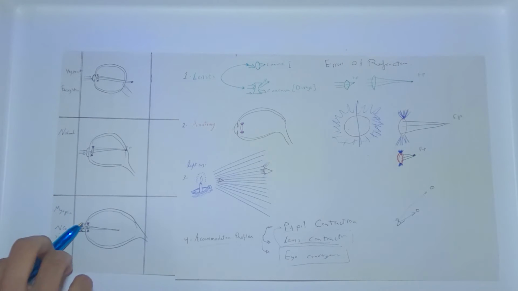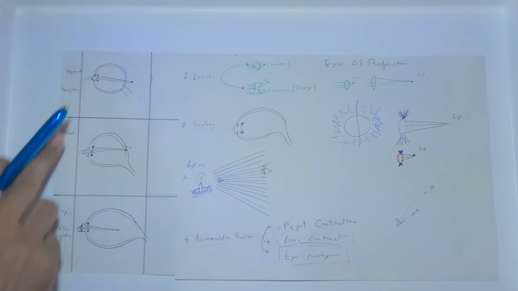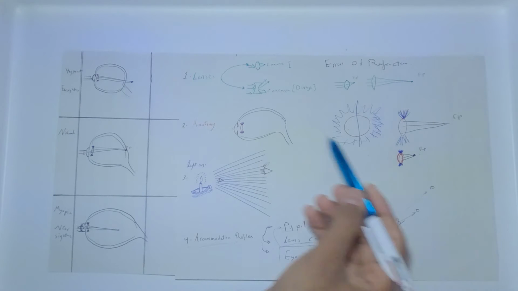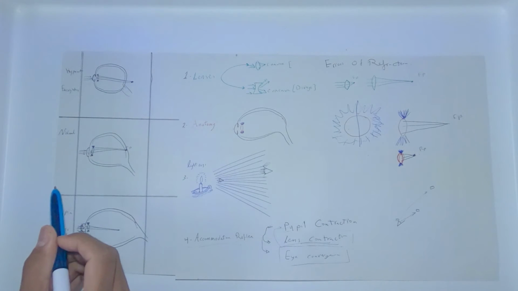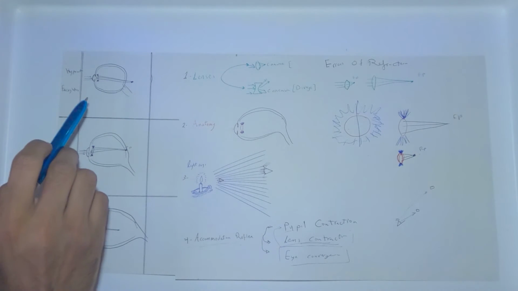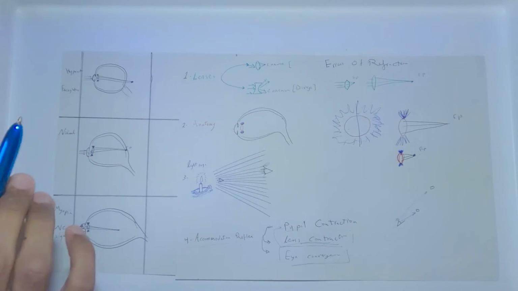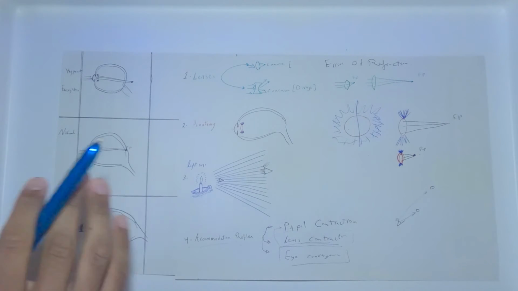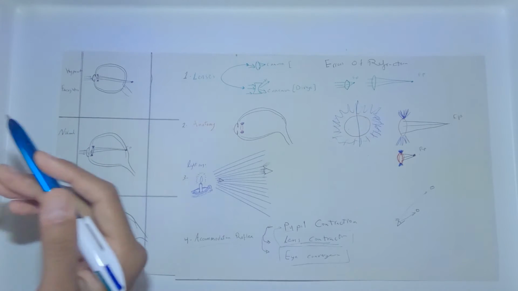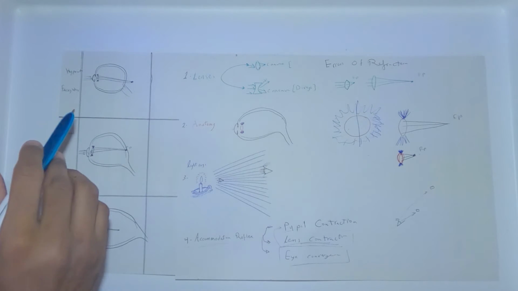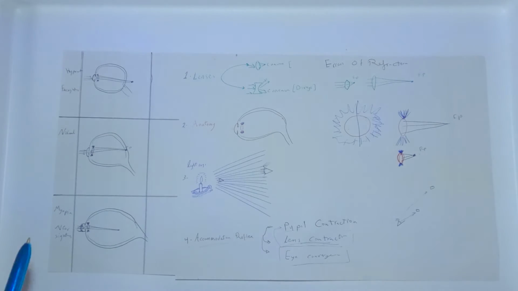Which condition here you think that this will benefit? Yes, this will benefit the patient of hypermetropia. So those patients can be focusing quite well and compensating quite well, but this would have side effects.